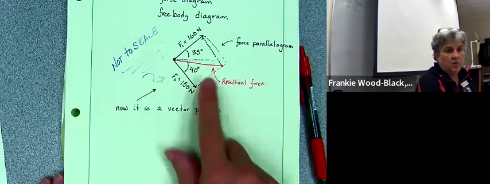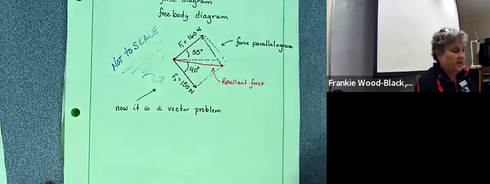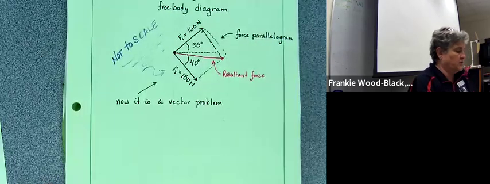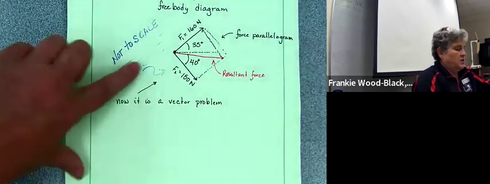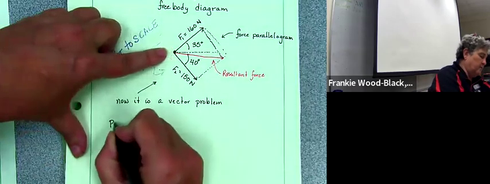But that's one way I can graphically add my vectors head to tail. Basically what we need to do is put our vectors into vector form.